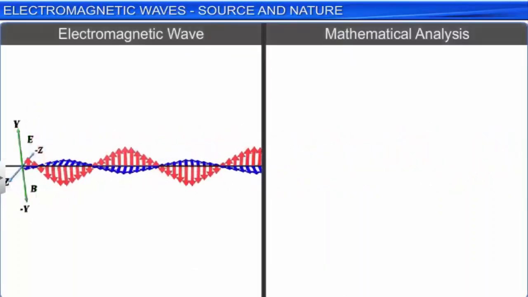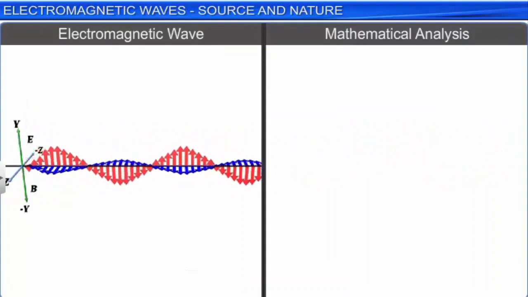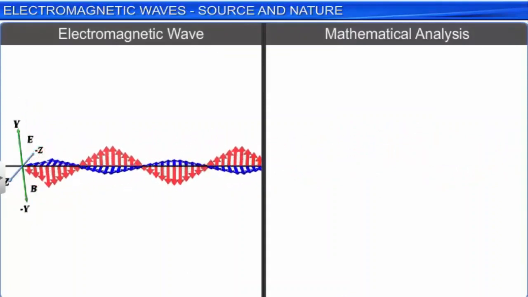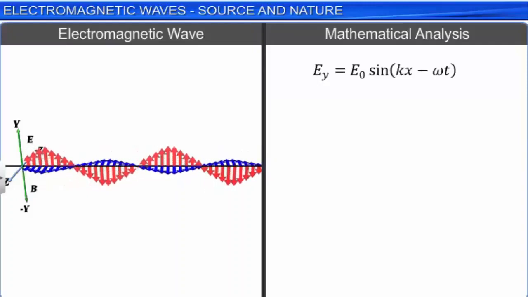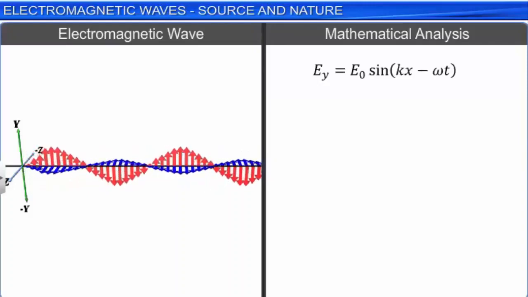The electric field and the magnetic field can be written as Ey = E0 sin(kx − ωt) and Bz = B0 sin(kx − ωt) respectively. Let these be equations 1 and 2 respectively.